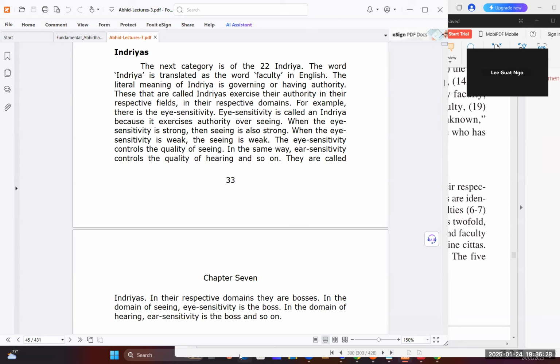When the eye sensitivity is strong, then seeing is also strong. When the eye sensitivity is weak, the seeing is weak. The eye sensitivity controls the quality of seeing. In the same way, ear sensitivity controls the quality of hearing and so on. They are called Indriya. In their respective domains, they are bosses. In the domain of seeing, eye sensitivity is the boss. In the domain of hearing, ear sensitivity is the boss, and so on.